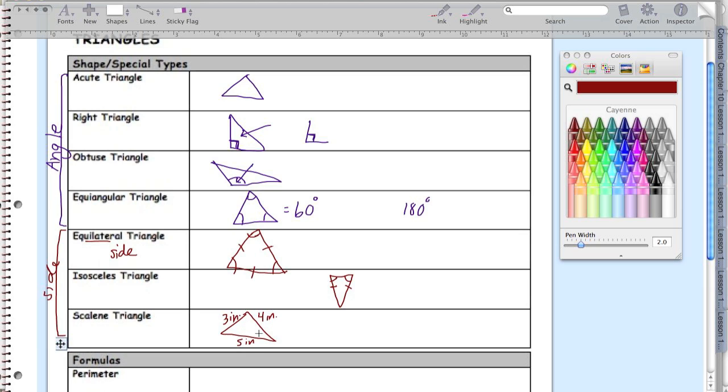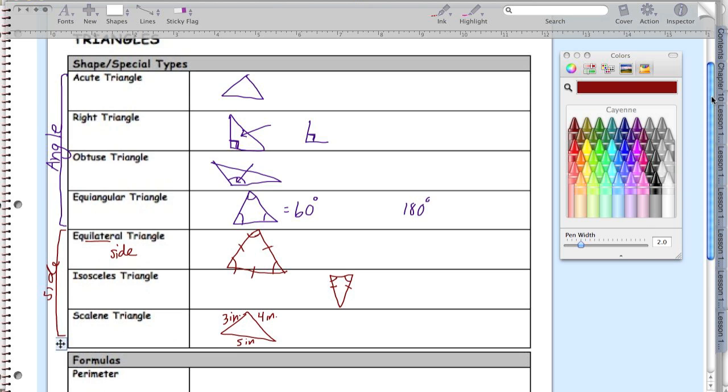All your sides are different. You could have a scalene right triangle, a scalene obtuse triangle, a scalene acute triangle. You could have a whole bunch of different varieties, but if they're asking you to classify it and they've only given you the side lengths, you need to classify it as scalene because that involves side lengths.